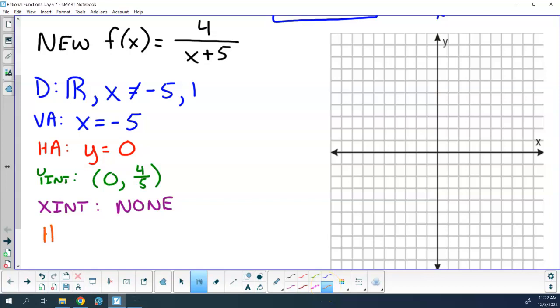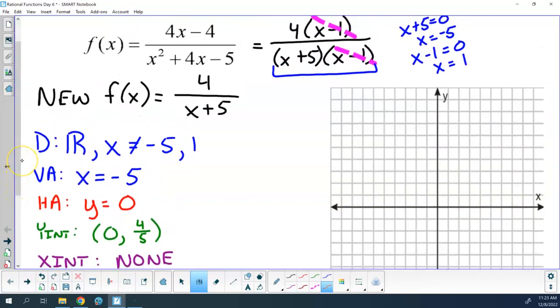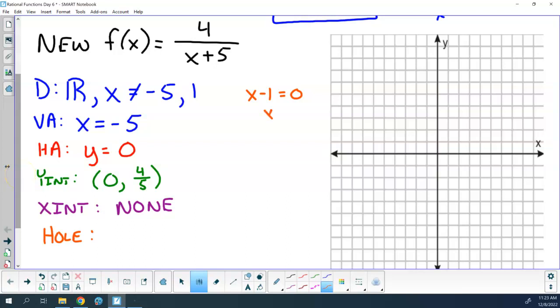I look at what I factored out from my original function, and that was the x minus 1. So I'm going to set that equal to 0, and I get x equals 1. So my hole is going to be at 1 comma something.